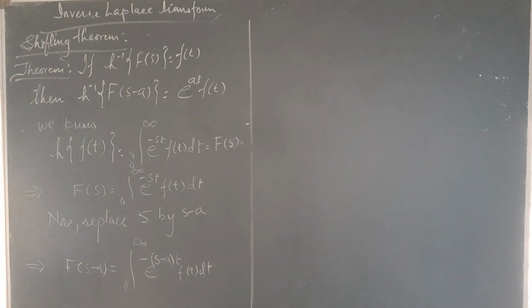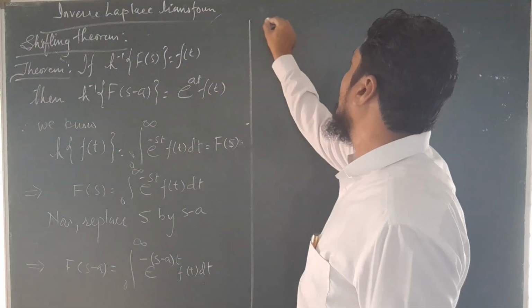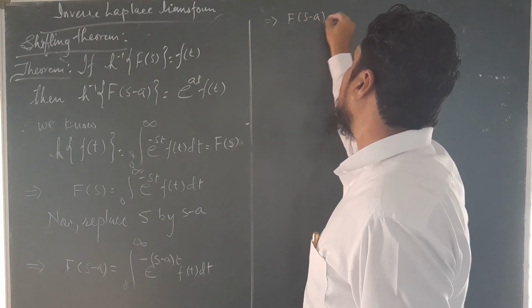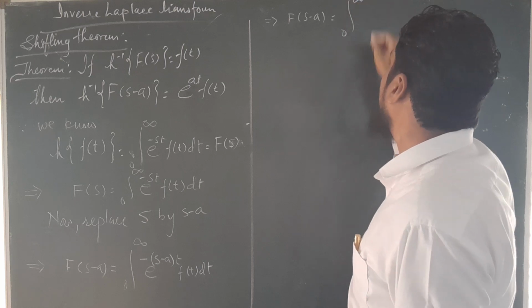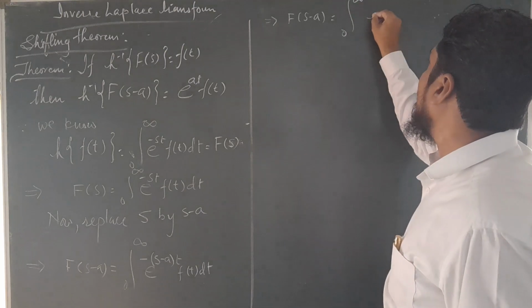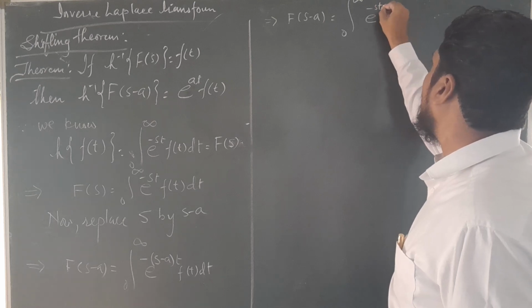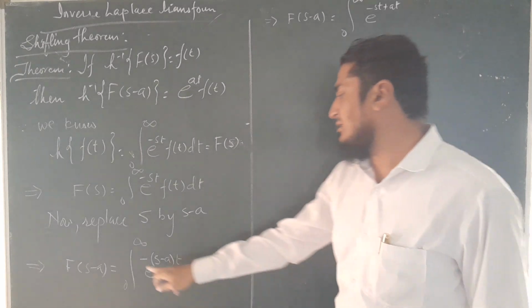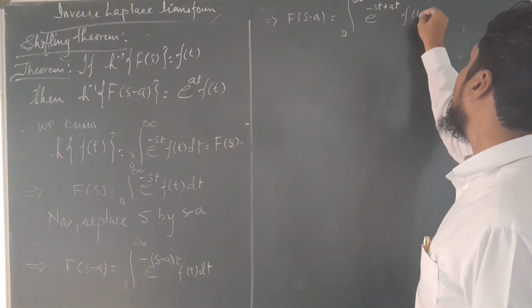Now we have F(s minus a) is equal to integration from 0 to infinity e raised to minus (s t minus a t). So it's minus and this minus becomes plus, and we have f(t).